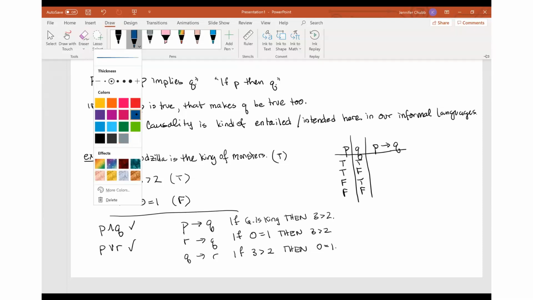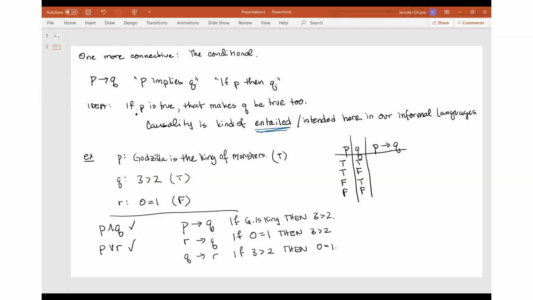So I would claim that there is exactly one row of this truth table that really makes sense and is consistent with entailment, which is what this whole thing is supposed to model, right? We need this to be consistent with entailment as we understand it. And it comes down to this. We're thinking about this arrow as saying P makes Q be true.